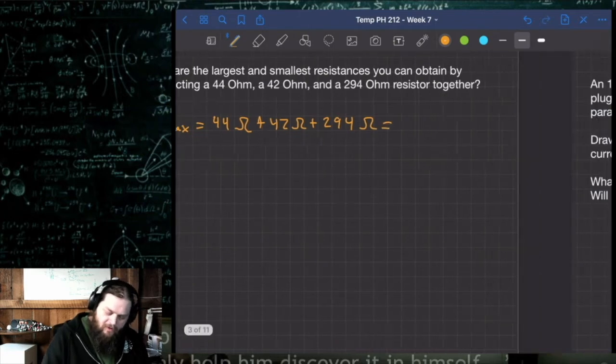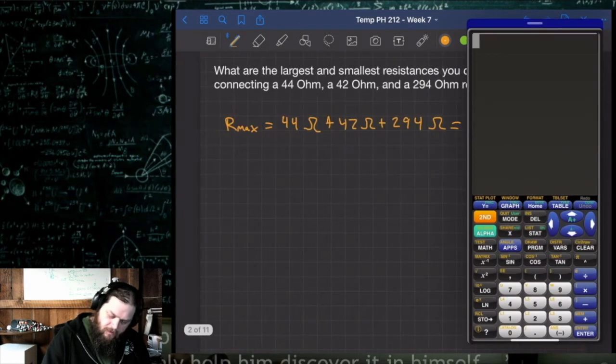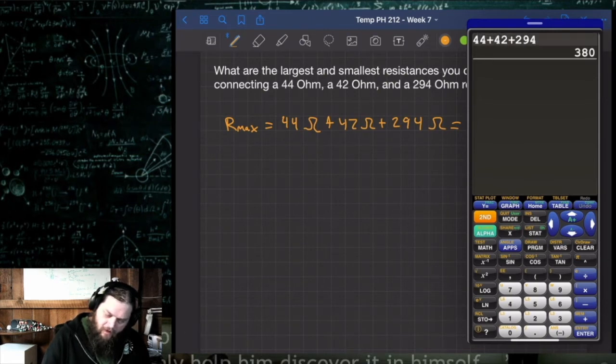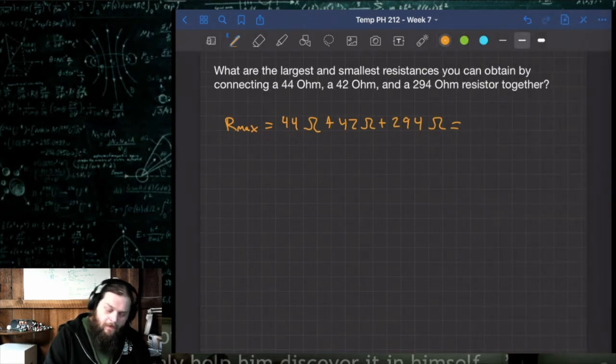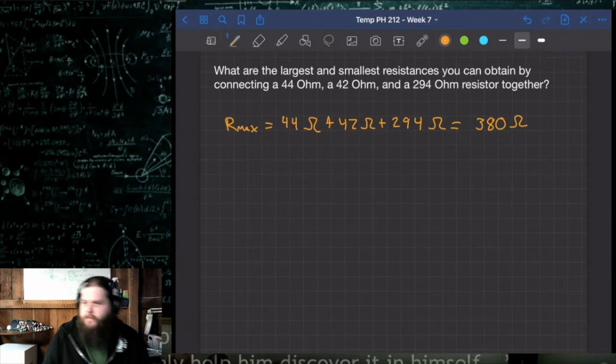We add all those together: 44 plus 42 plus 294, and that equals 380. So that's 380 ohms. Real simple calculation to make. We're just adding them together, and that's going to be the maximum resistance we have.